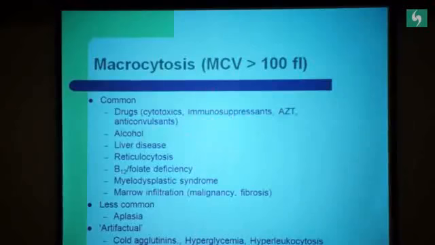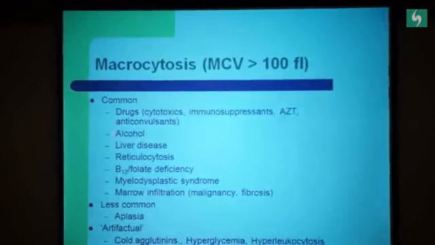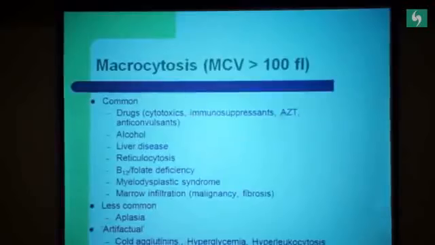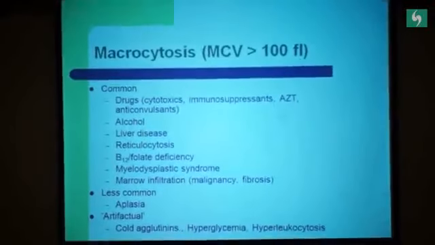As I mentioned, sometimes certain drugs, like we have patients of myeloproliferative disorders on cytoreductive therapies like hydroxyurea, then patients of rheumatoid on methotrexate, or hematological malignancies on methotrexate or chemotherapies. Some of these will definitely lead to a high MCV. Alcohol is again a toxin which will lead to a high MCV.